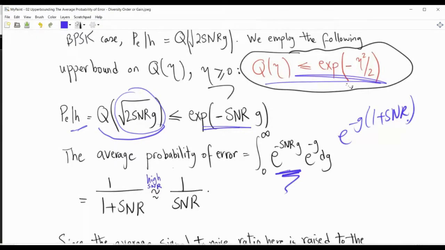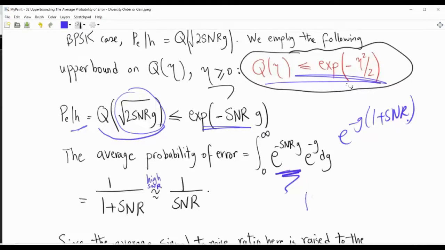Note that on the previous page, the result after assuming that the SNR was very high was like 1 over 4 SNR. So here we are upper bounding, and the factor 1 over 4 is not really worth it. But see the difference. On the previous page we did an exact computation and it was not so fun. We had to interchange the order of operations, do some integral by matching with the Gaussian distribution, and then use a Taylor expansion.